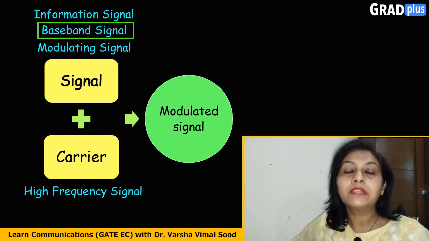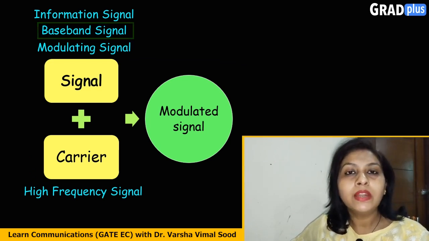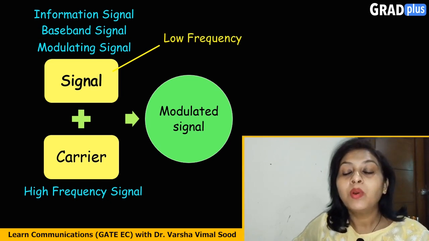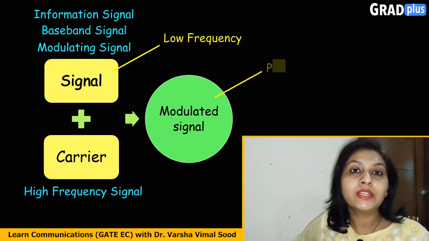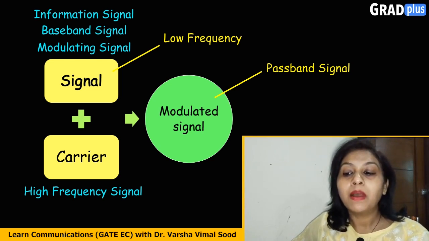Why the name baseband? Base means low, because this signal comprises of relatively lower frequency components, whereas the modulated signal, the signal which has been generated using these two signals, the carrier and the message signal, is known as the passband signal, also known as modulated signal.